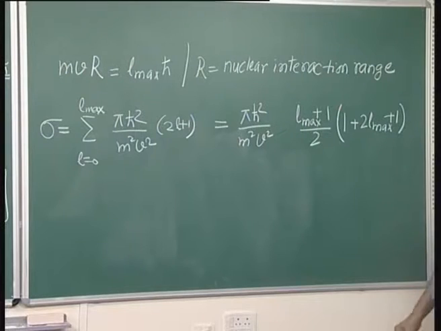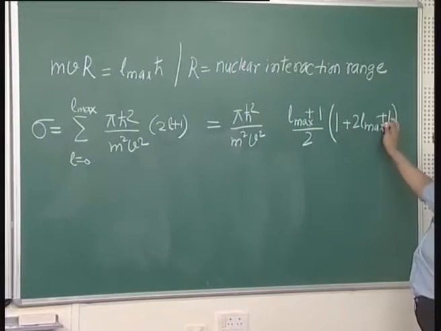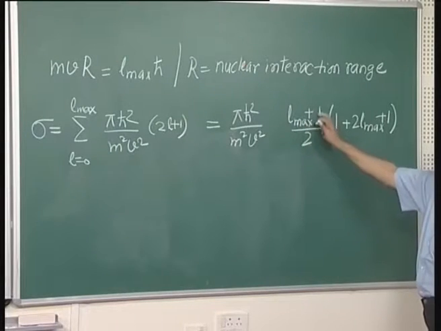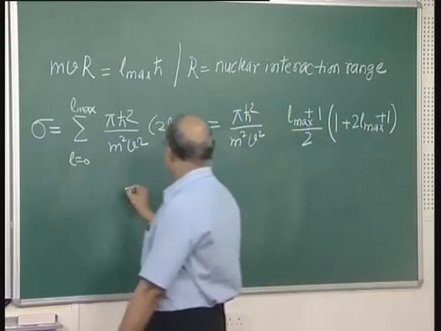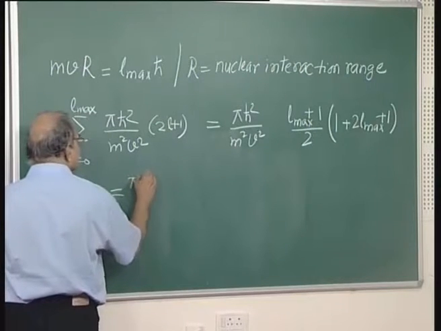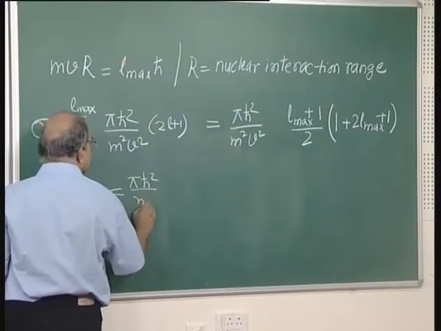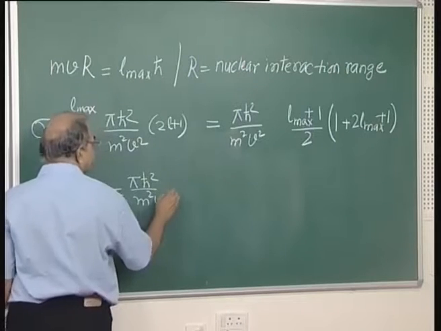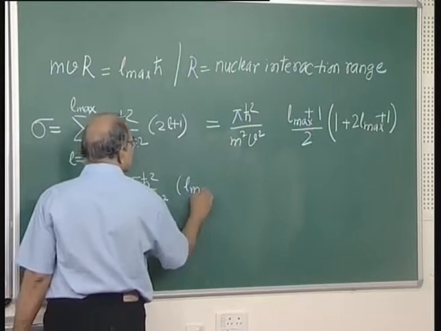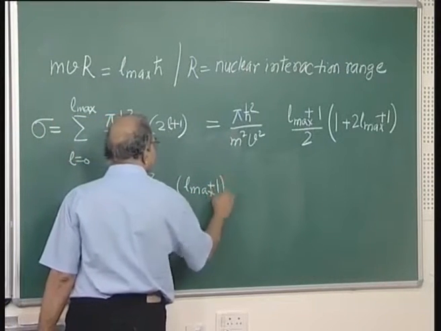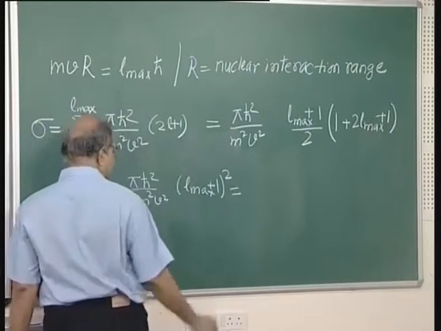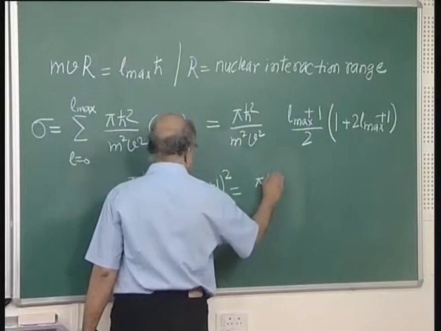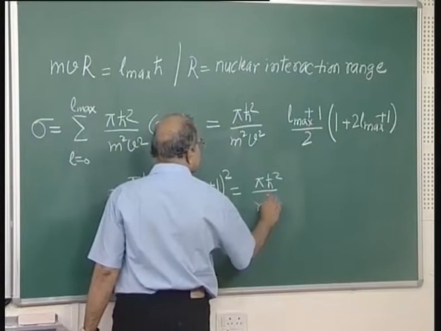using the equation for summation of an arithmetic series. So, 2 you can cancel and it will be L max plus 1 square. So, this is equal to pi h cross square by m square v square, and then L max plus 1 square.